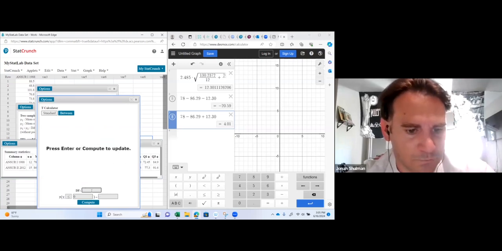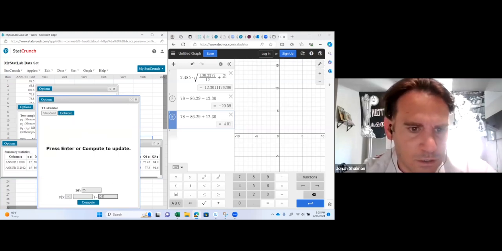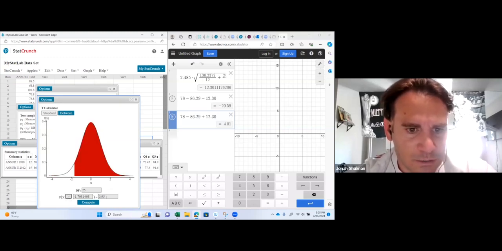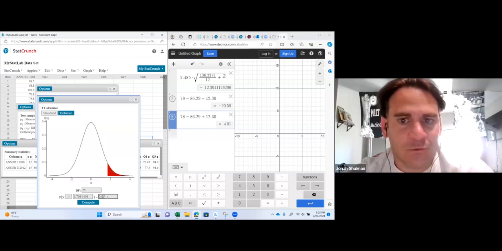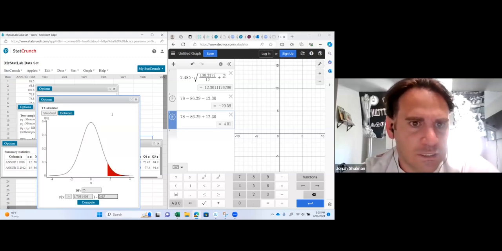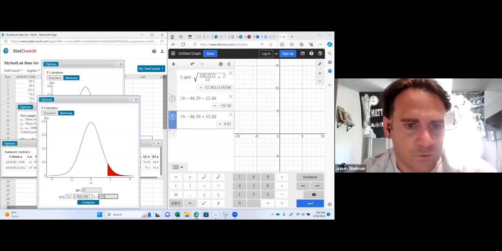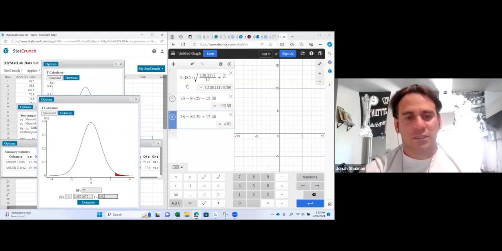So that's the 25. And all we have to do is put in the value we're looking for. But we have to change it to be this side. And we get the T statistic we need to solve the problem. Oh, sorry, it was 0.01 for this one. And we get the 2.485 that we needed.